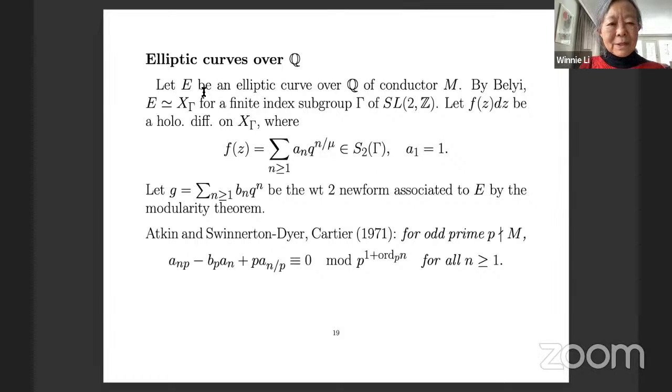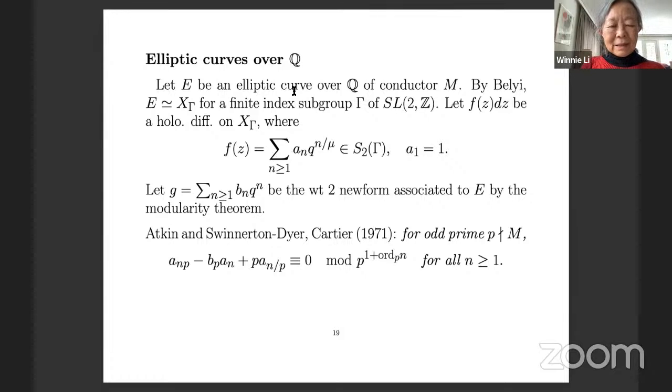So this curve has genus 1, so it has a one-dimensional space of holomorphic differentials f(z)dz on the modular curve, and we can write this f(z) in its Fourier expansion. Okay. Now we assume that a_1 is equal to 1. Okay. And on the other hand, we also know that its Fourier coefficients are integral outside M. Okay.